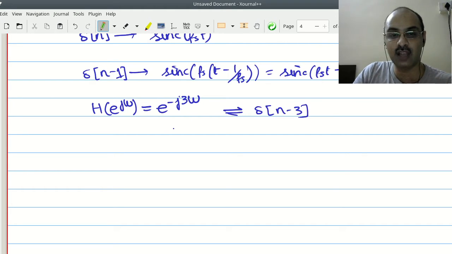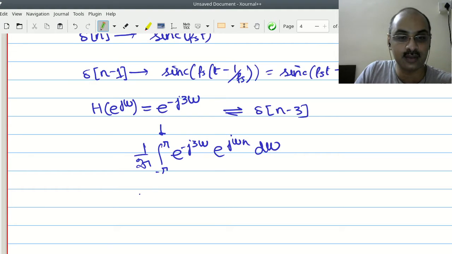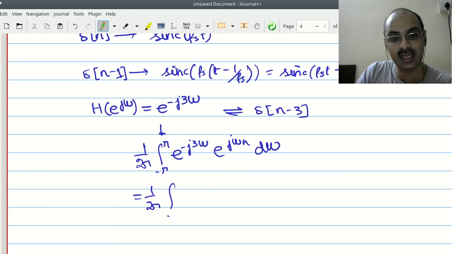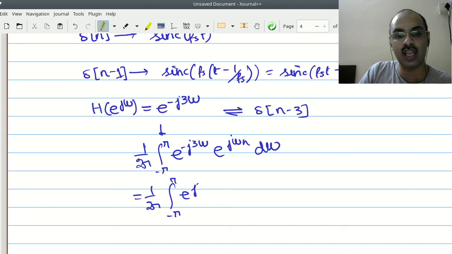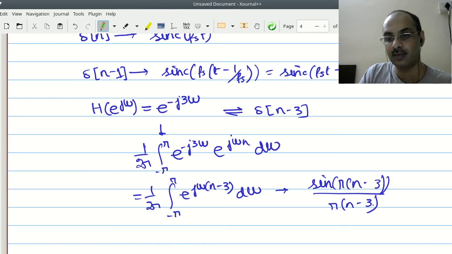If you don't believe me, if you use the inverse DTFT formula, you do 1 by 2 pi integral from minus pi to pi of e power minus j 3 omega times e power j omega n d omega, you will basically get 1 upon 2 pi integral from minus pi to pi of e power j omega (n minus 3) d omega, and if you simplify this you will end up getting sin(pi (n minus 3)) by pi (n minus 3). Of course, the n equal to 3 case has to be handled carefully.